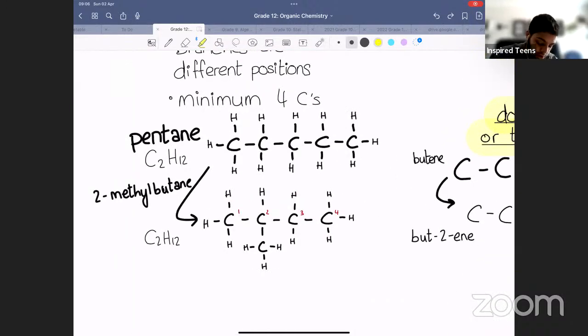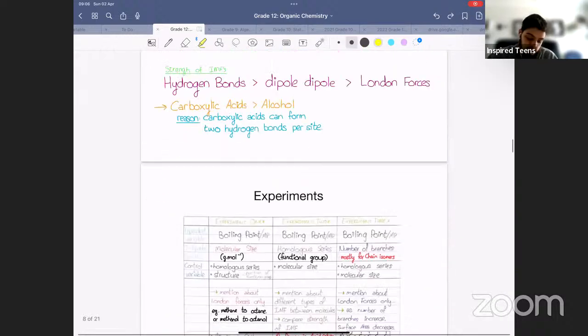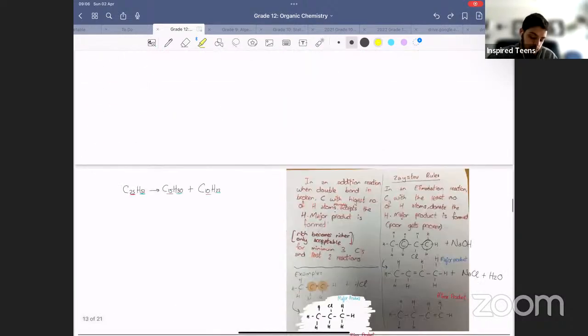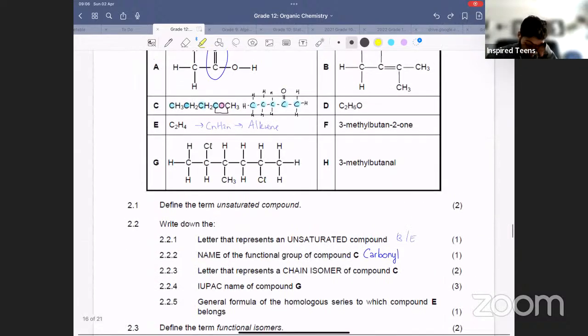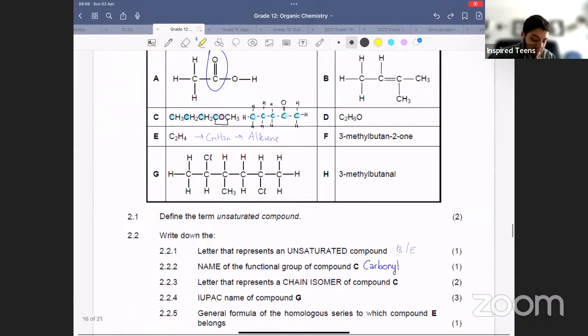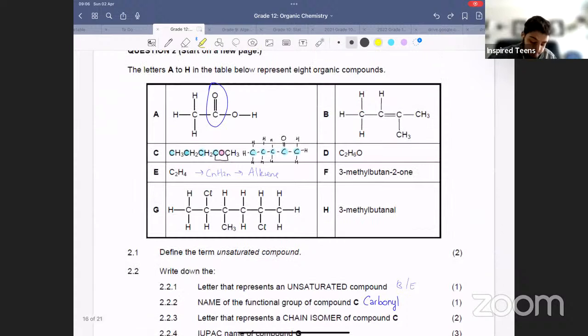When we had pentane, originally we had 5 carbons in the main chain, but a chain isomer of it could take one of those carbons out of the main chain and create a group with it. In that case, you'd still have the same amount of carbons and the same amount of hydrogens, but it would be known as a chain isomer. So let's continue. Any idea?